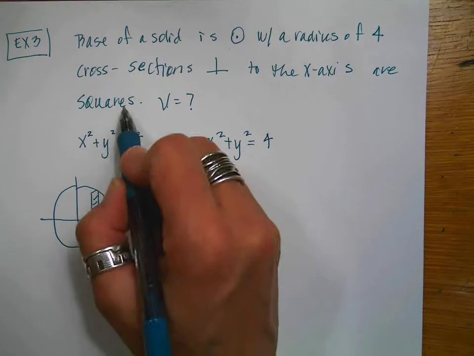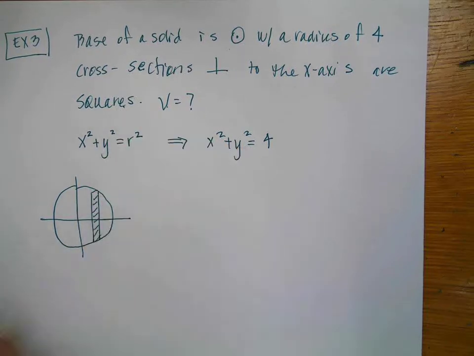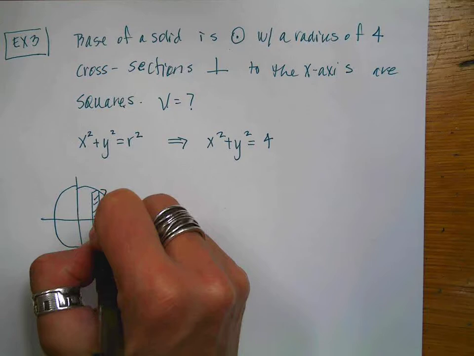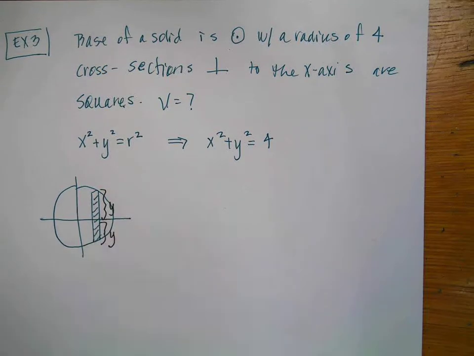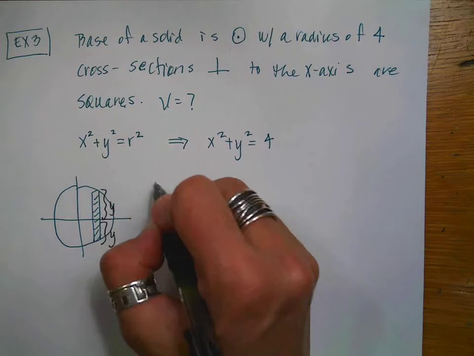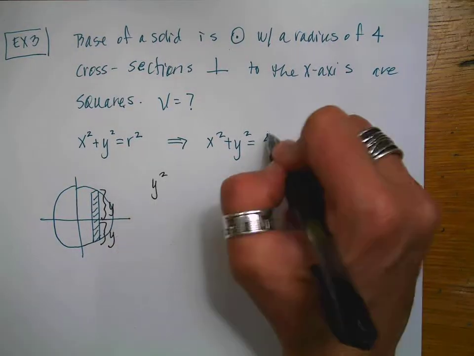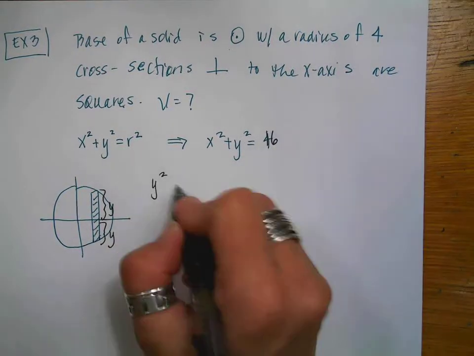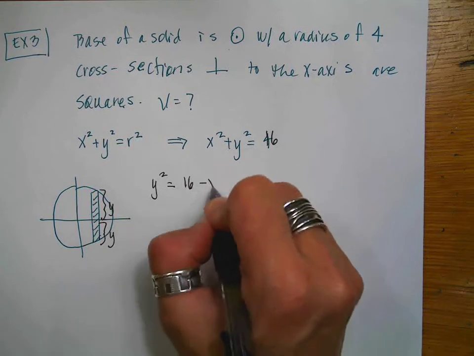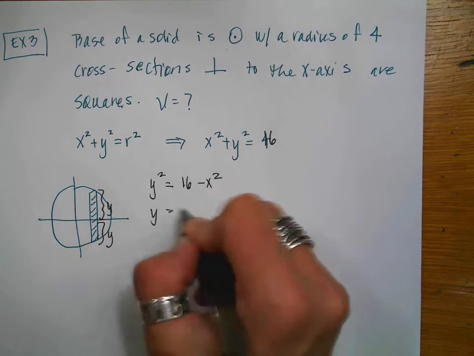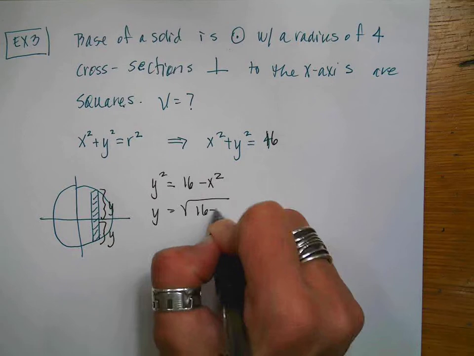So here's our representative rectangle, and they told us that it's a square. This distance, I'm going to use a different colored pen, is y, and this distance is also y. If I solve this equation for y squared, I get y squared is equal to 16 minus x squared.